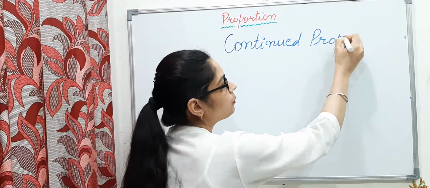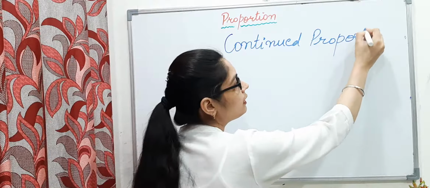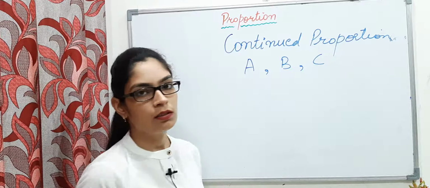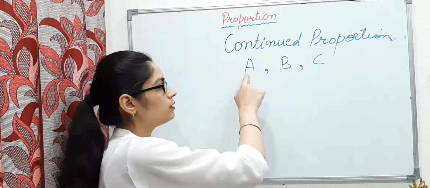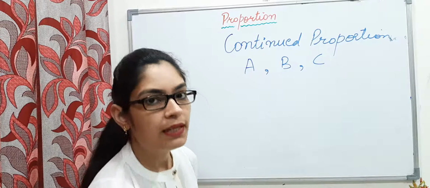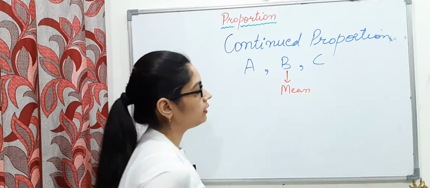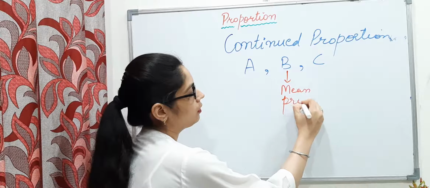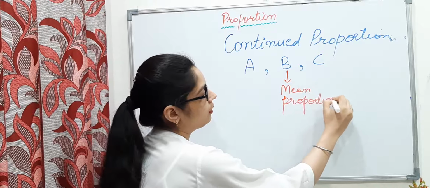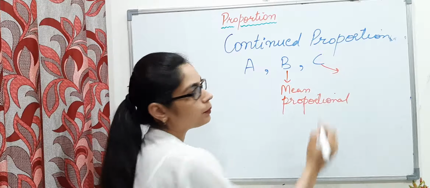In continued proportion, only three quantities are there, that is A, B and C. A is the first proportional, B is the mean proportional, and C is the third proportional.